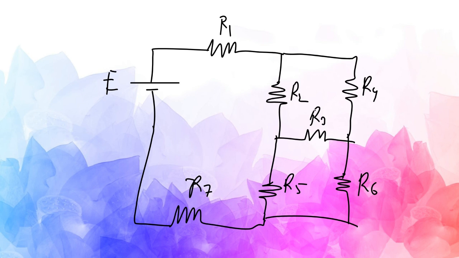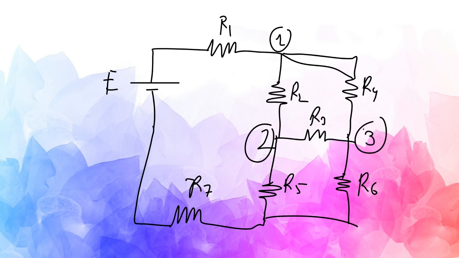Now look at this circuit. This is actually a delta circuit, right? Hope you are understanding. This is a delta. Now we can convert this delta into star. I'm not going to do this calculation, but I want to show you how it will look. Let's say we number this one 1, this is 2, and this one is 3.